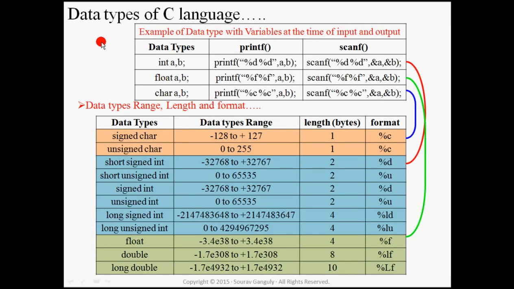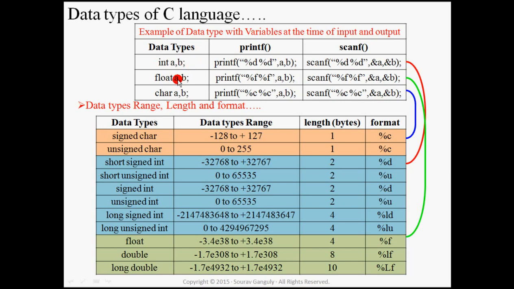Now come here to what are the data types of C language. It is a very important portion when you write any program. We have already discussed that a and b are variables of the type integer, so they can hold any integer value.